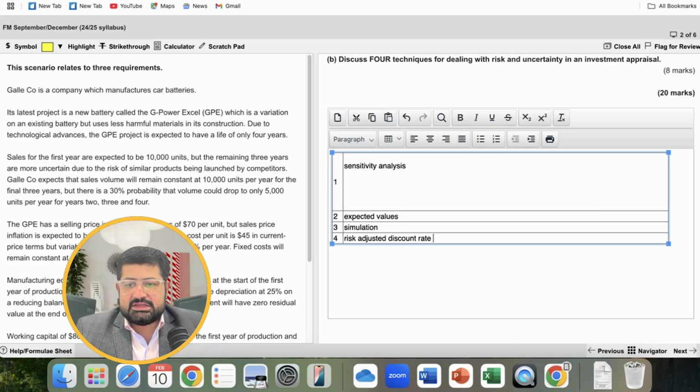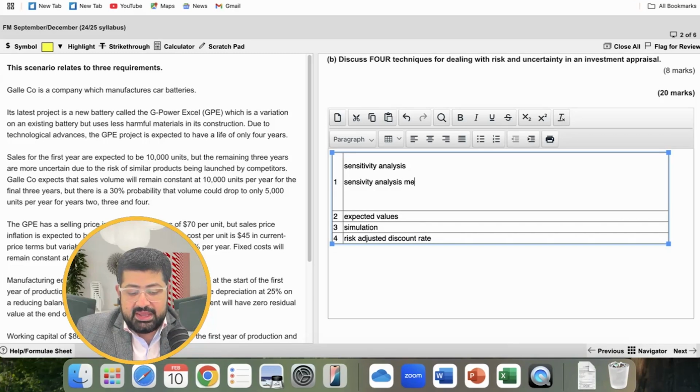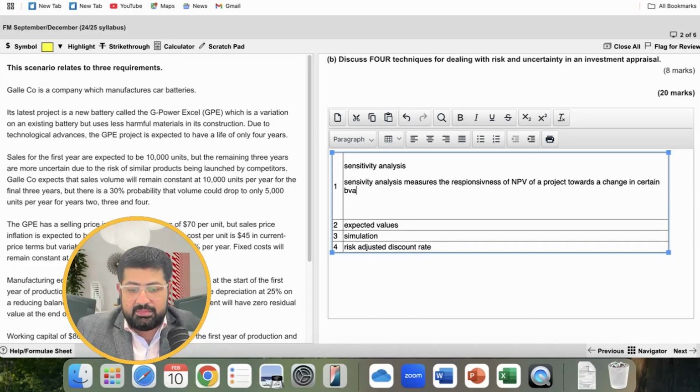Now, the point is how to discuss one by one. So sensitivity analysis measures the responsiveness of NPV of a project towards a change in certain variable.